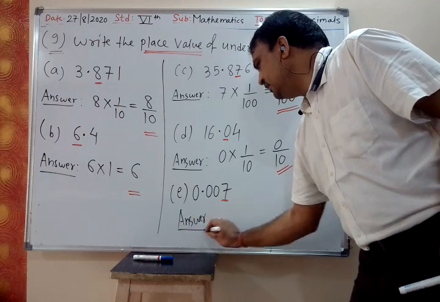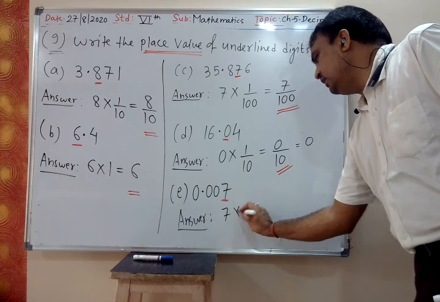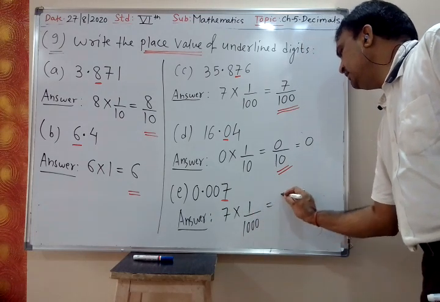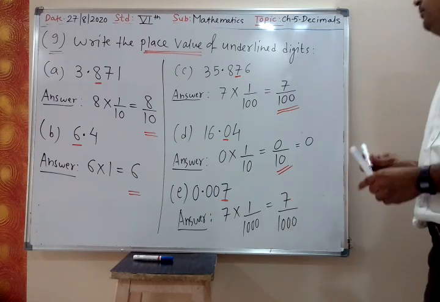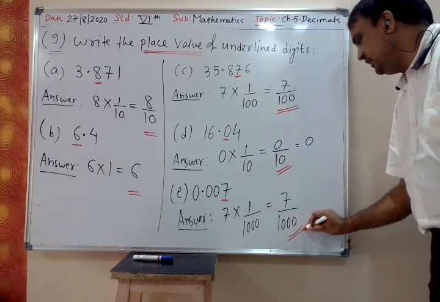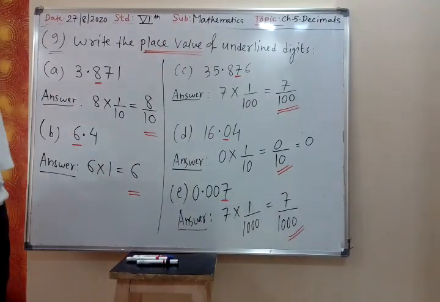What is the position of 7? At thousandths. So 7 into 1 upon 1000, which I can write as 7 upon 1000, and this is the answer. The position of 7 is at thousandths. So the answer is 7 upon 1000.